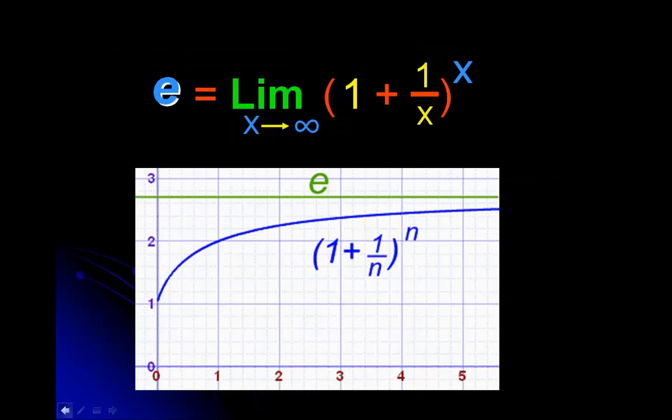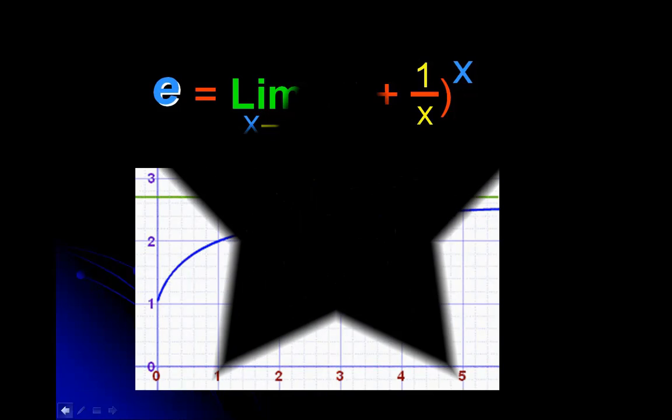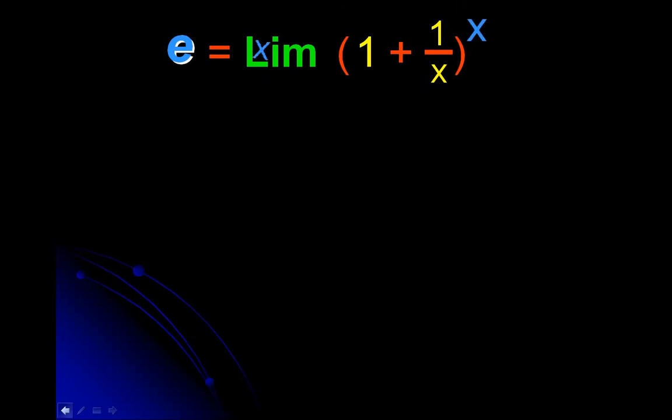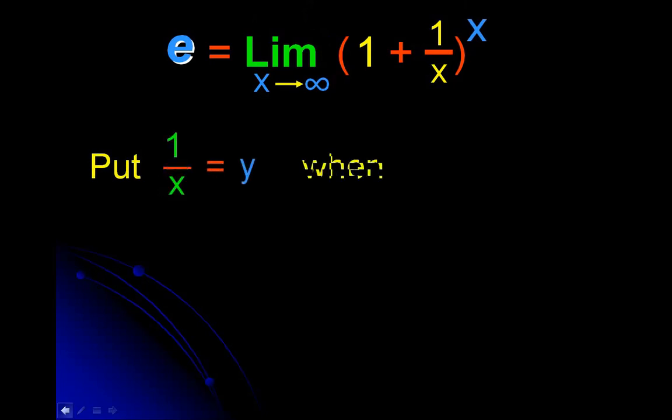e equals the limit of the function (1 + 1/x)^x as x tends to infinity. Put 1/x equal y, where x doesn't equal 0.